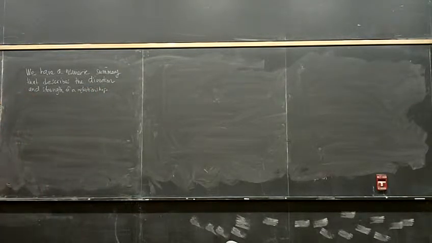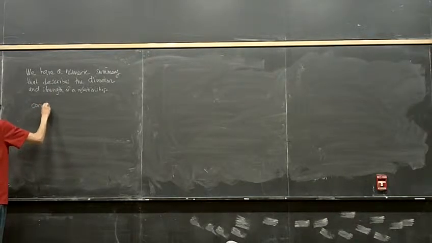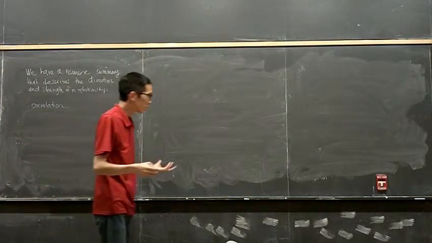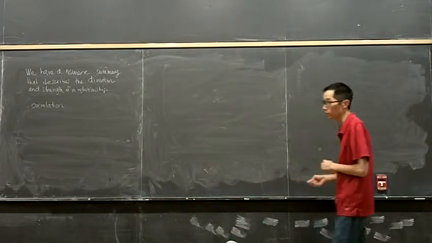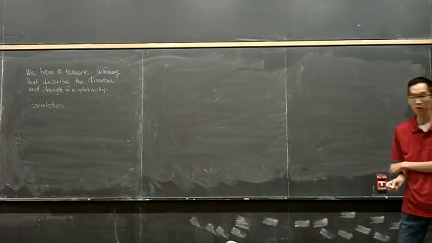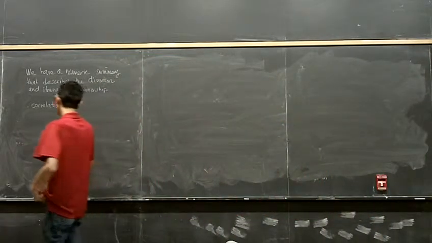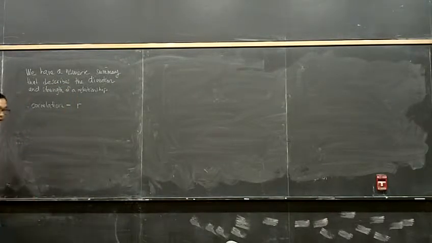And that number is called correlation. So the correlation is just a number that we use to describe the strength and the direction of a relationship. Okay. Correlation. And the symbol for correlation is R. Okay.